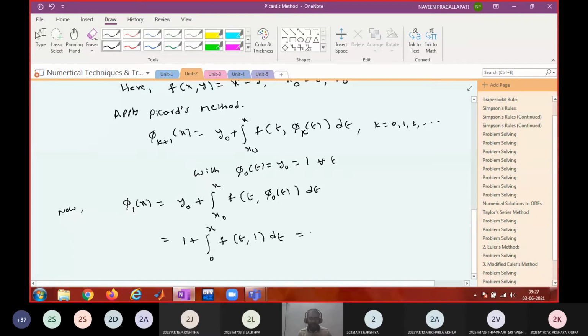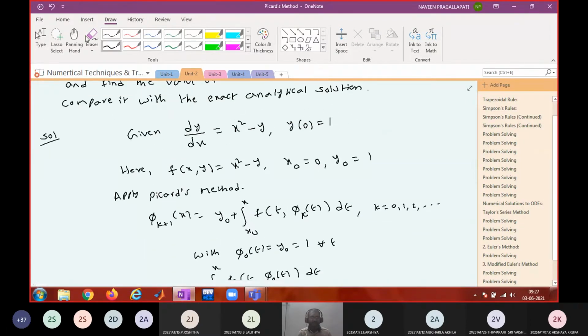Now this is 1 plus integral 0 to x. What is f of t comma 1? Can you tell me? f of x comma y is x square minus y, so f of a comma b is a square minus b. What is f of t comma 1? t square minus 1.